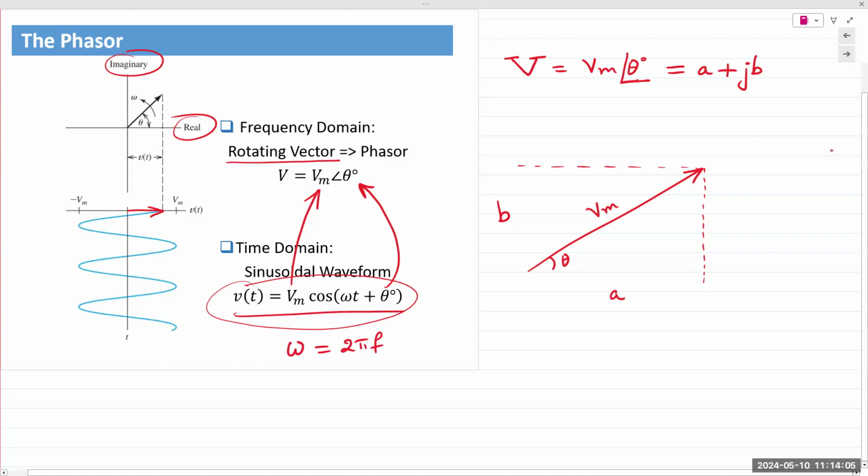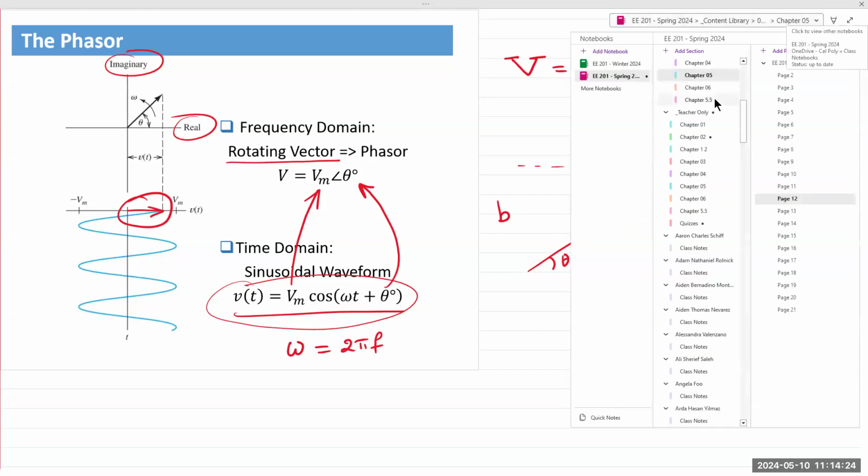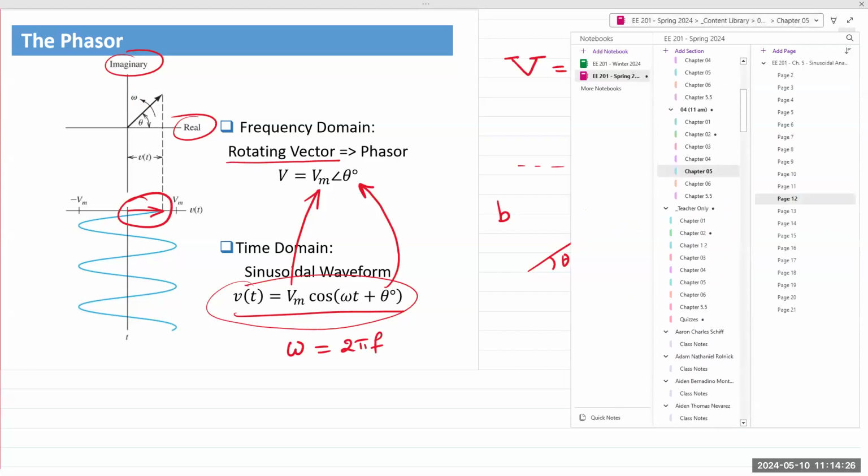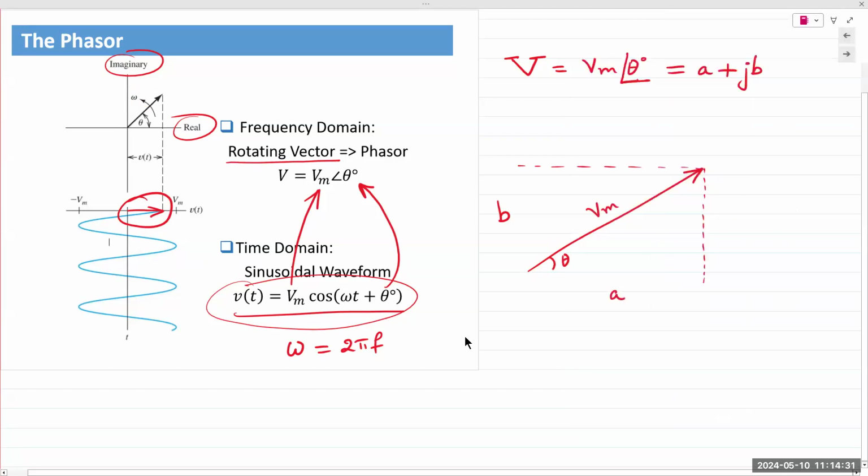Even though we say it is a rotating vector, that vector is not actually rotating. The phasor is simply a single snapshot of one instant in time.